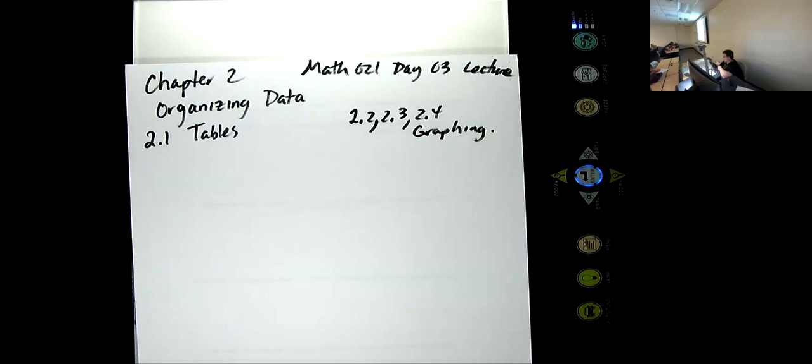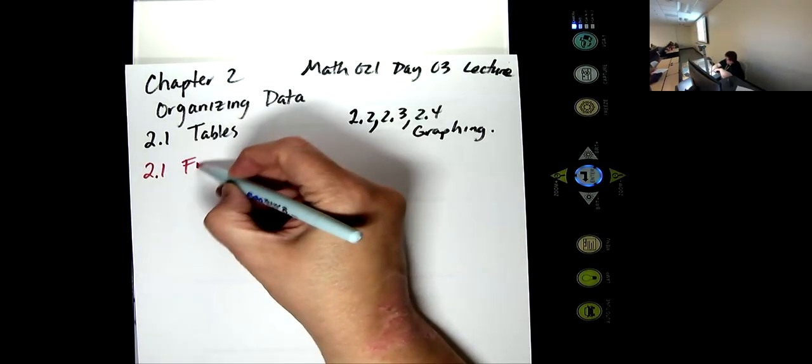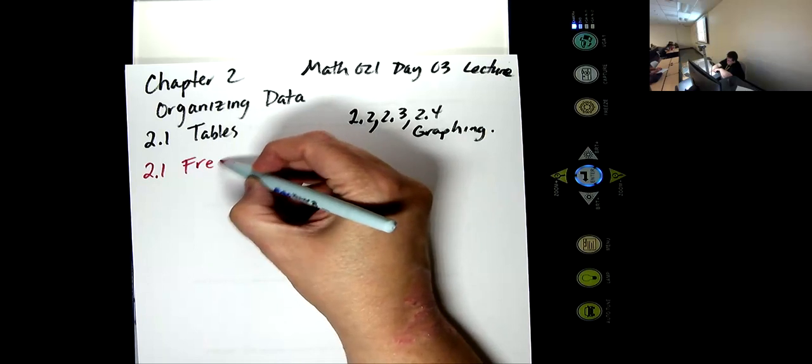I think the very end of 2.1 has bar plots and pie charts, and I'm going to show them today real quickly, but I'm going to do bar plots a lot with histograms on Thursday, so I'm just going to introduce it and save that for the graphing day. So today we're doing 2.1, which is on frequency and relative frequency.